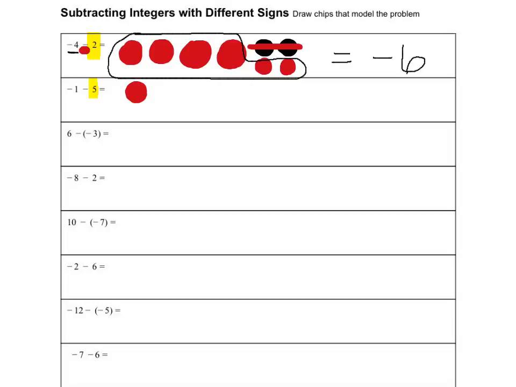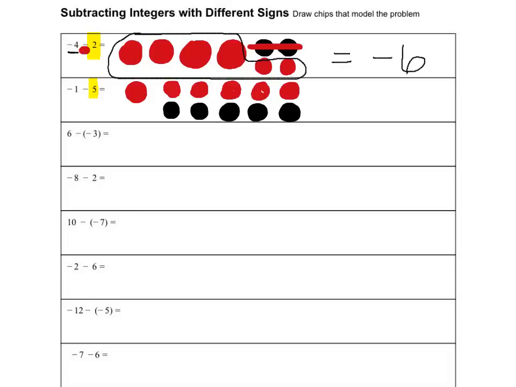I'm going to do that by adding in my sets of opposites. I'm going to try and save time by putting them all on together. Alright, so there are my 5 sets of opposites. Now I have enough to start crossing off.